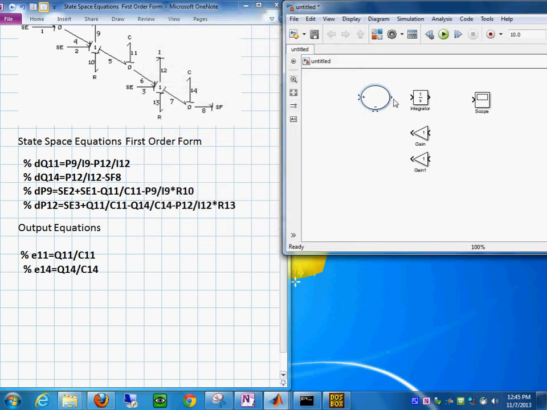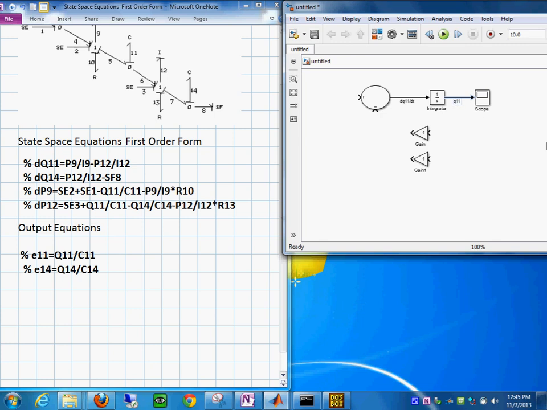In here we will join these two and these two. Let's make sure that we give some labels to this. This is DQ11 DT. This is that derivative. And then once it's integrated, of course, this is Q11.